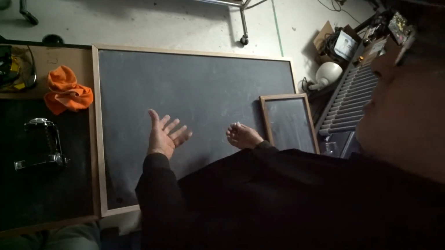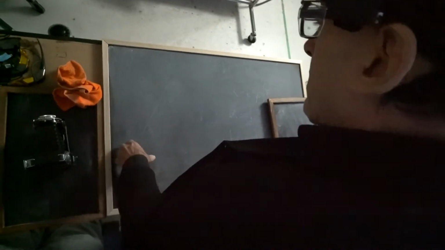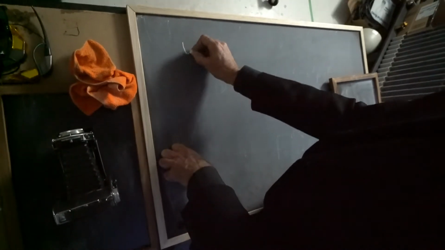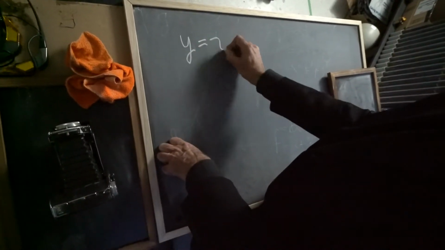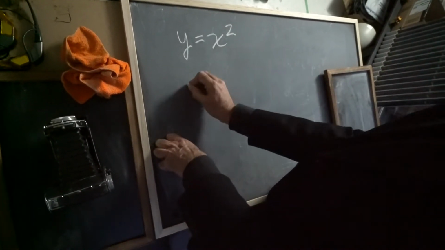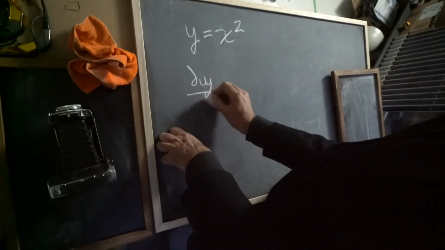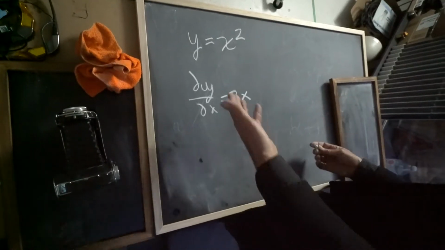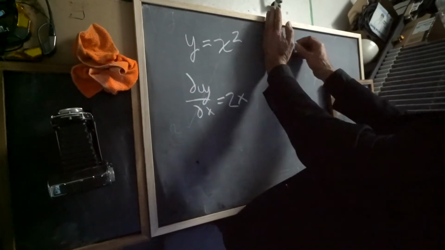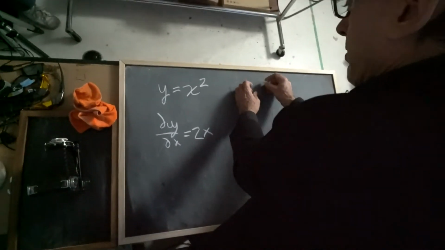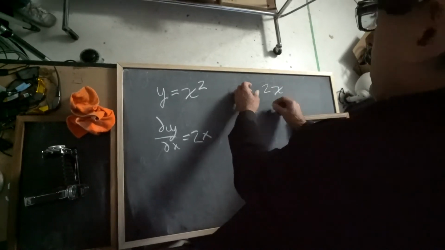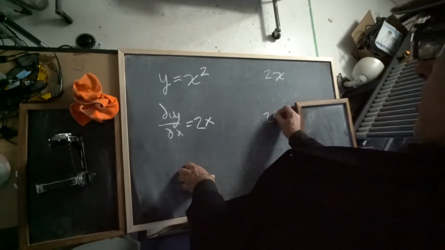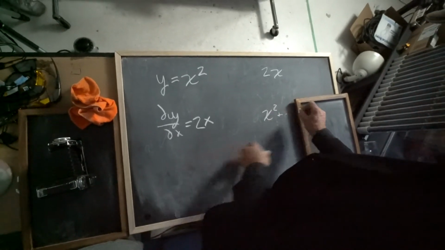So if I have y equals x squared and dy by dx equals 2x, it's so simple. But if you go the other way around, if you started with 2x and then you take the integral, you're going to get your x squared, but you're going to get plus some unknown constant.